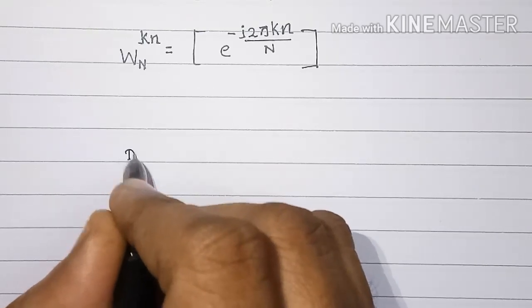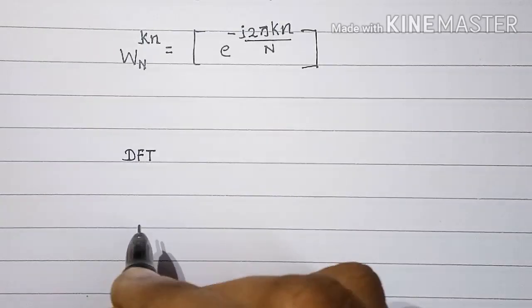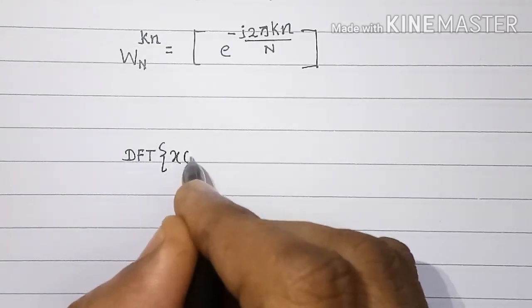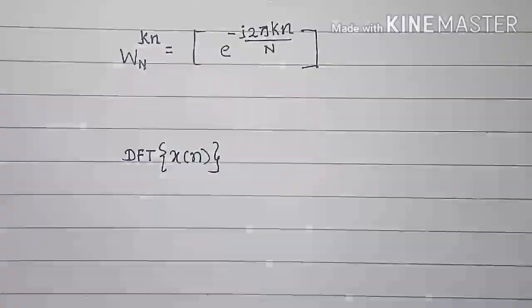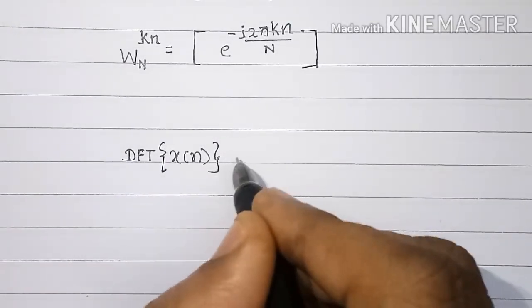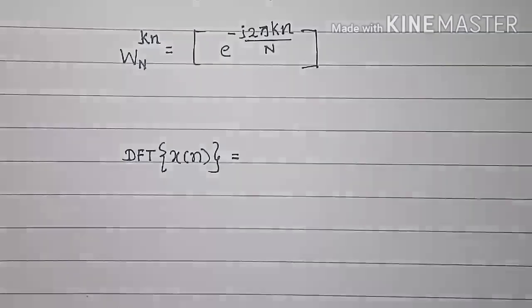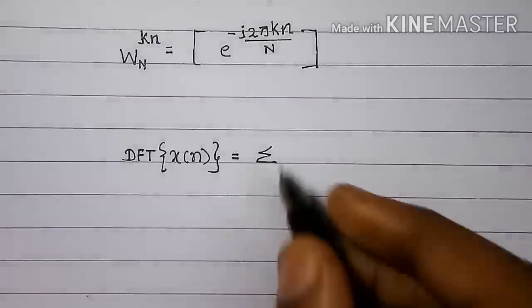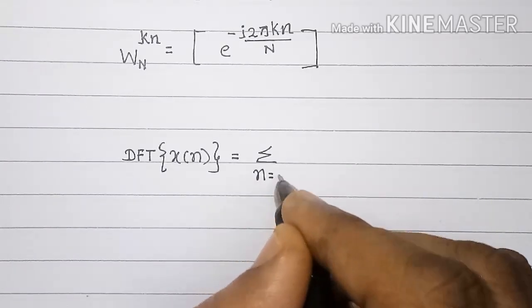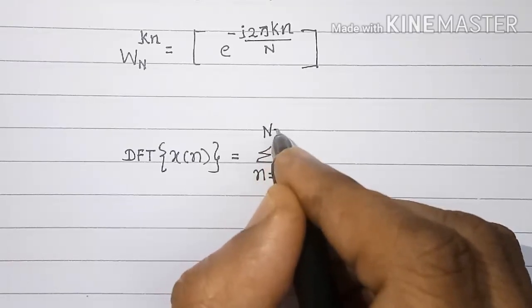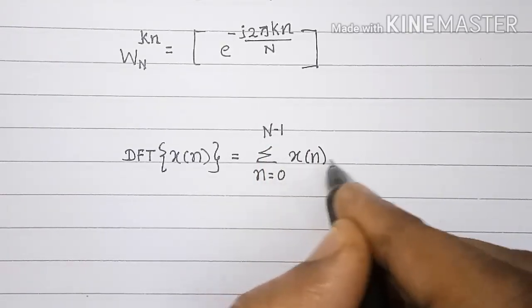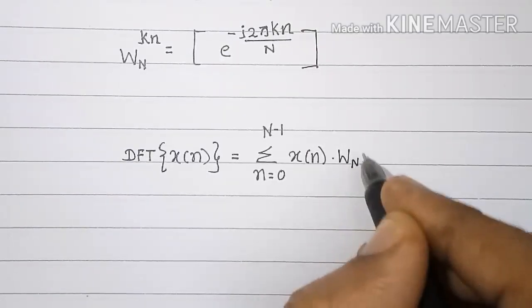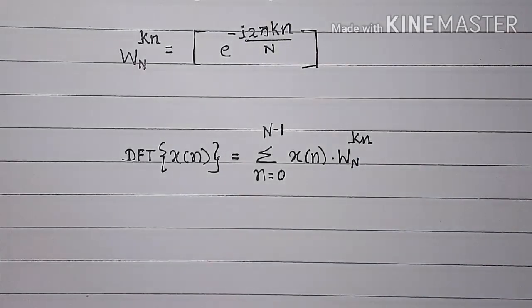Therefore, DFT of x of n is equal to summation n equal to 0 to n minus 1 of x of n into Wn kn.